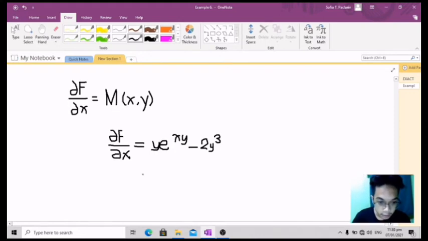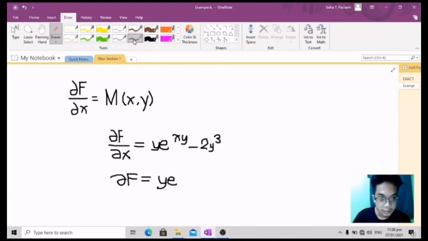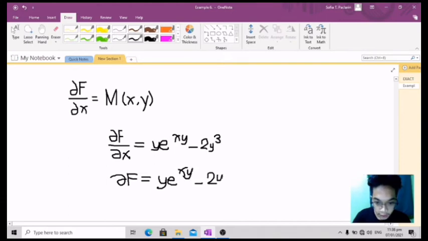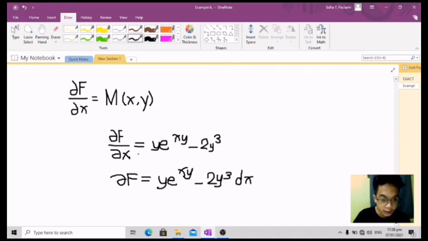So cross multiplying, the partial derivative of f is equal to (ye raised to xy minus 2y cubed) dx. So in order to get the solution f, we need to integrate both sides.